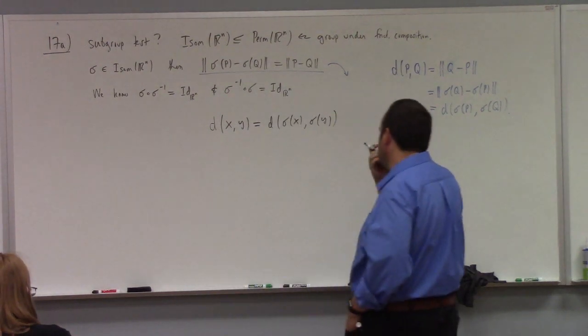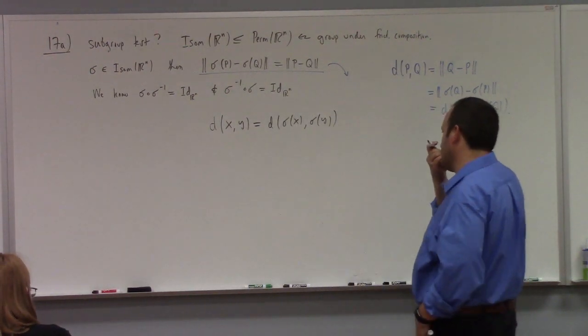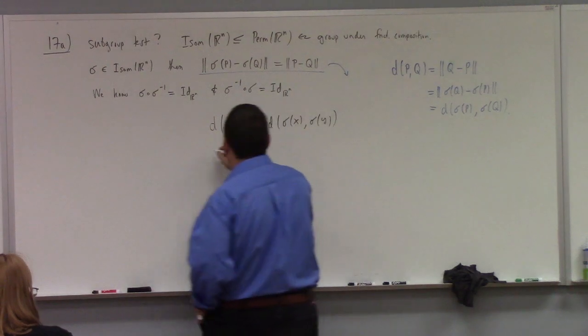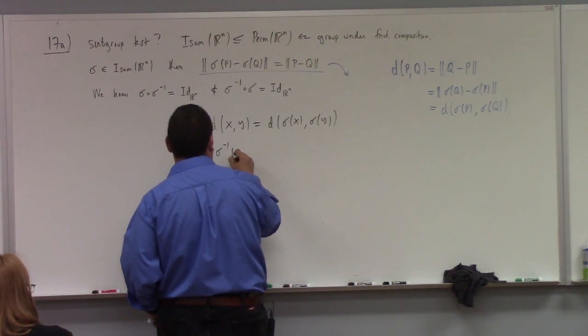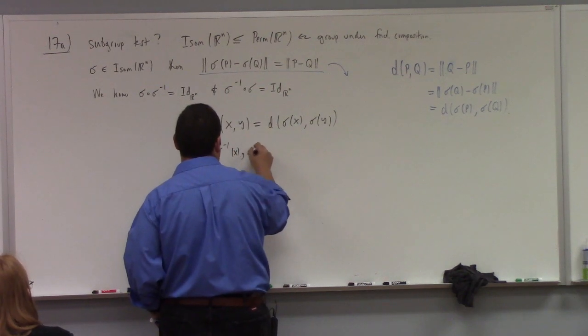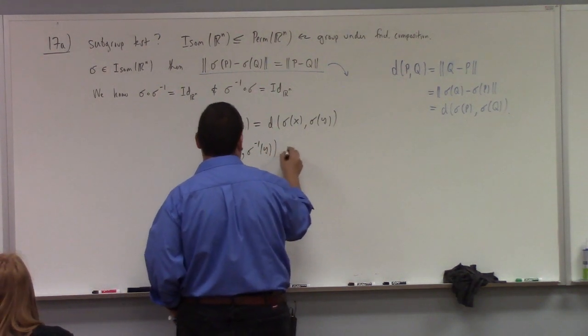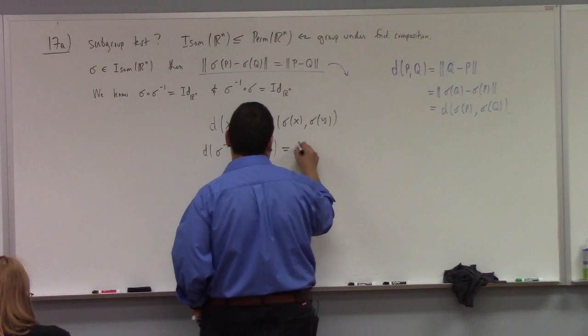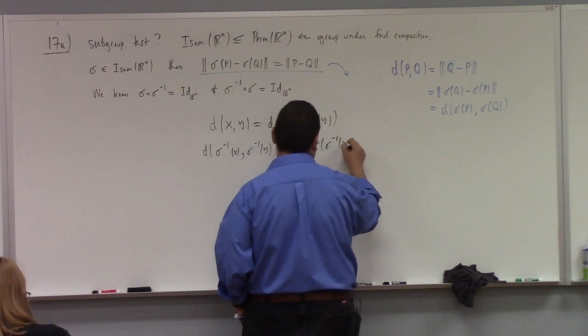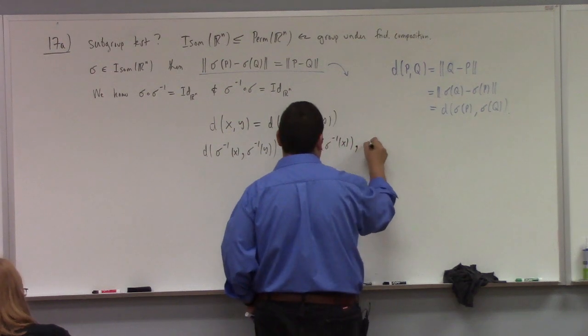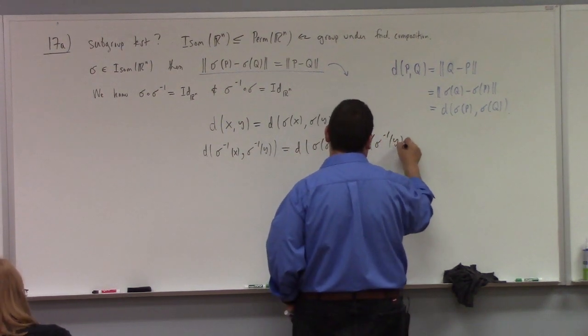Right, and then replace x and y with sigma inverse of x, sigma inverse of y is equal to the distance between sigma of sigma inverse of x, sigma of sigma inverse of y.